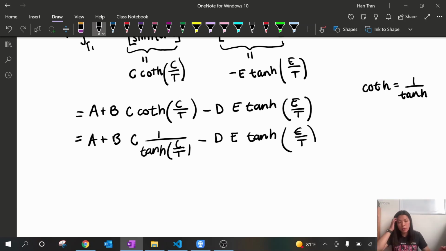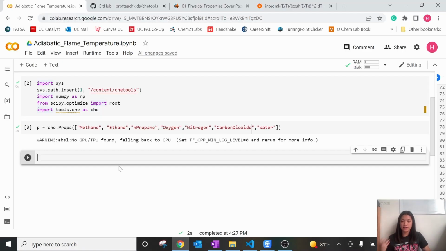So now we can go about copying that into our code. What we need to do in our code is define a function so that it will return to us the value of this integral. We're going to define a function, we'll call it integral of heat capacity, Cp, and the value that we are going to give it is the temperature.